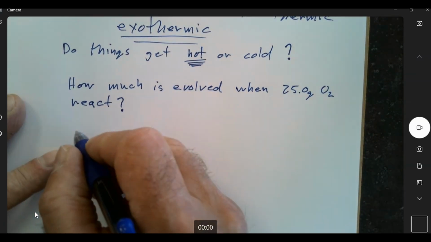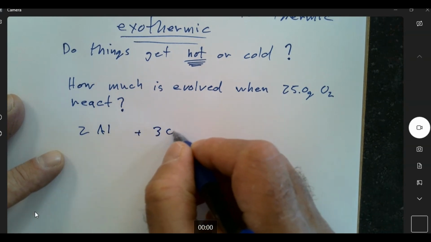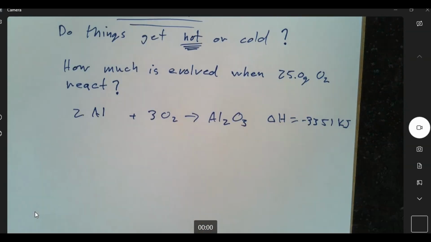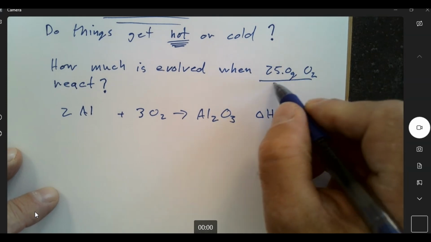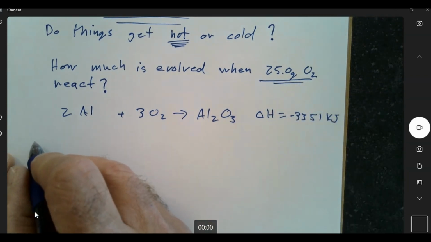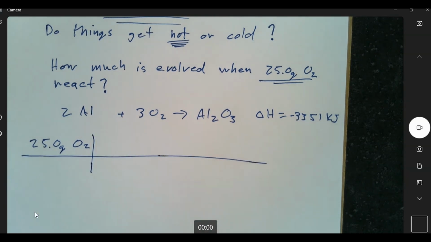All right, I'm going to rewrite this equation since I did such a horrible job up above because I forgot my subscript. We need this thermochemical equation to answer this question. I'm going to look up here at the given and say that's probably where I need to start. 25 grams of O2. What do I need to do with my 25 grams of O2? Everything in chemistry proceeds through the what?